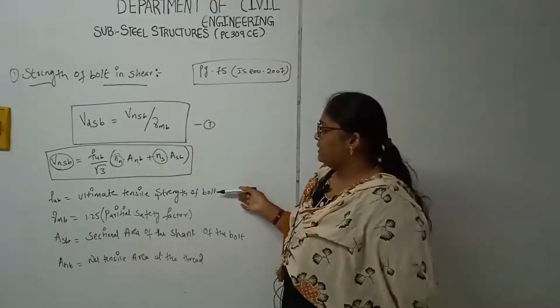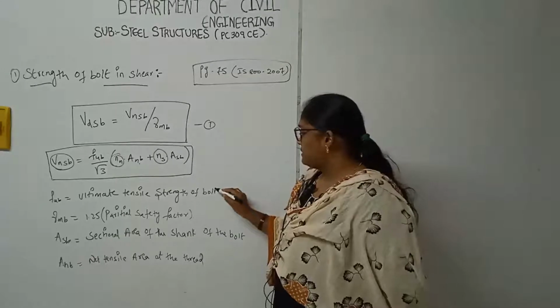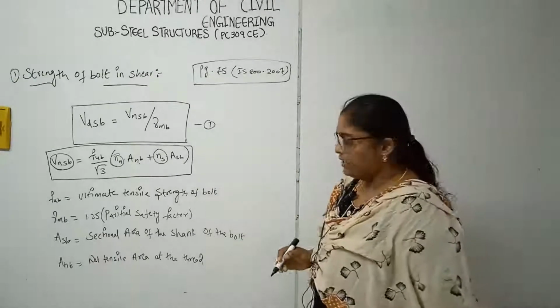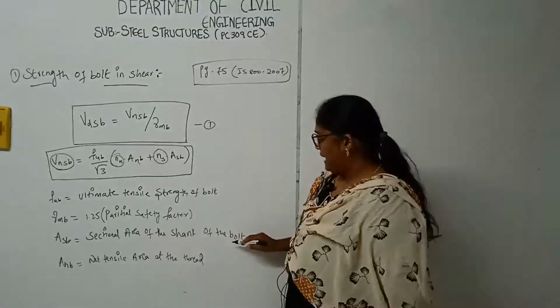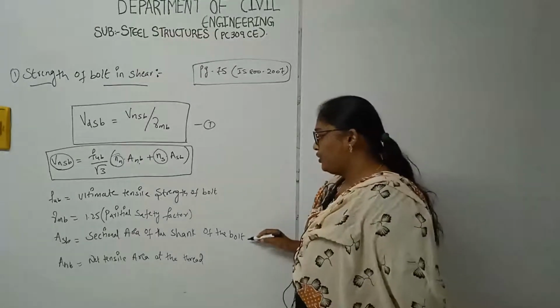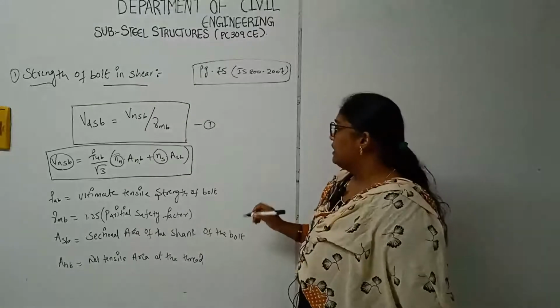Here FUB is the ultimate tensile strength of the bolt. The ultimate tensile strength of the plate will also be there, which will be considered as FU. ASB is the sectional area of the shank of the bolt, and ANB is the net tensile area at the thread.